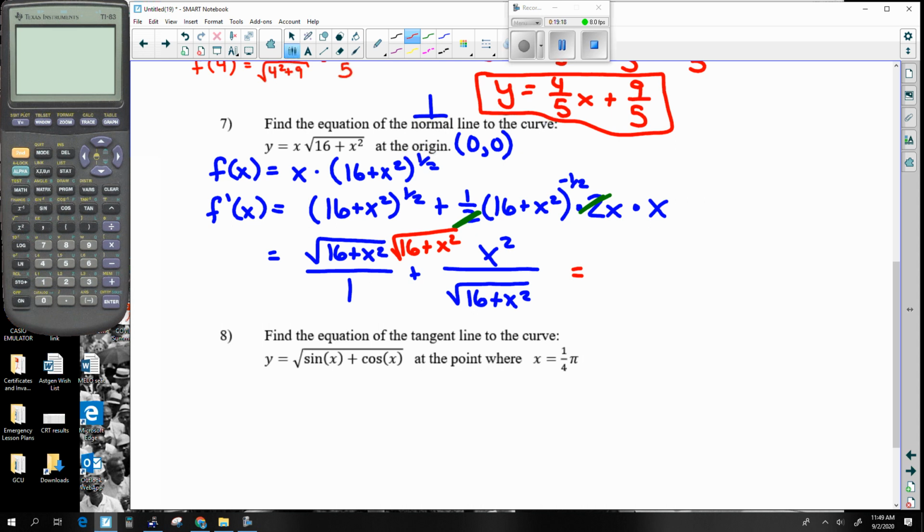So what this cleaned up version is, back to blue here, is going to be 16 plus x squared. So that's the square root times the square root right there. This is 16 plus x squared, plus x squared, that's the second fraction, all over 16 plus x squared square root.